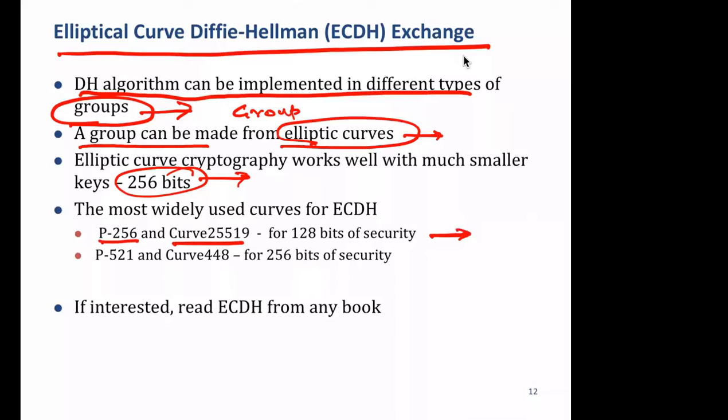Then P521 curve, 448 has 256 bit of security. So you don't need to really get into details of this. If you're interested, of course, you can go and find out what these curves are. Okay, so the only point I want to emphasize here is that based on elliptical curves, Diffie-Hellman algorithm can be extended.